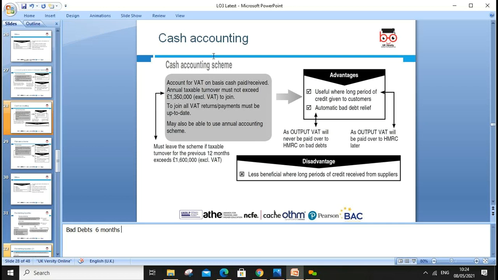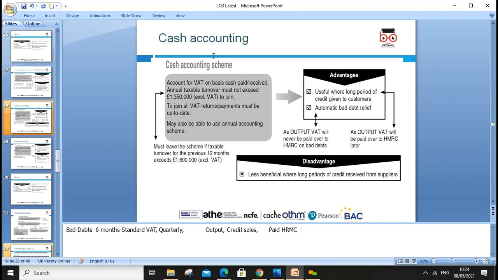No. Let's say you are on the standard scheme, yes. You do a quarterly return, and you declare output, and you do the credit sales, and you show them as sales in your VAT return, and you pay the money to HMRC.